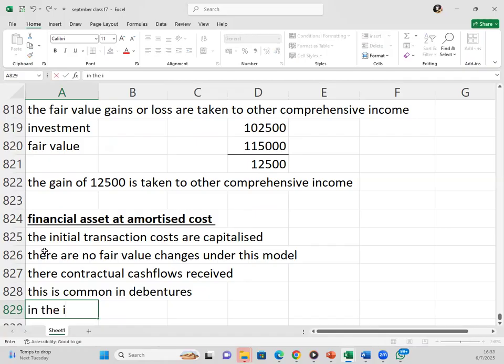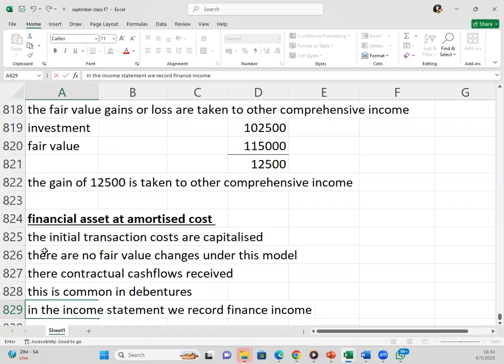In the income statement, we record finance income.